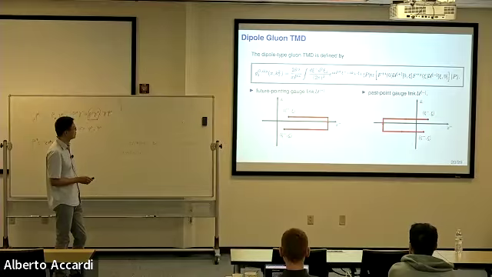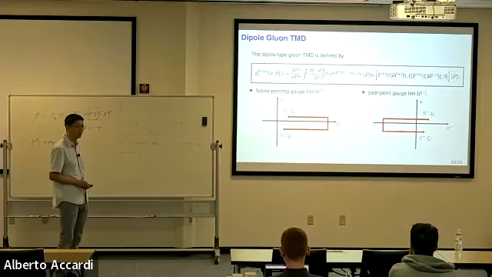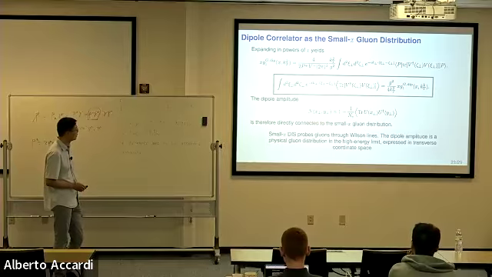So if you start from this expression, you notice that there's a dependence on x in the exponential. Because x is small, you expand in a power series of x. It's not just expanding this phase, because you have a derivative on q minus in this expression. You need to integrate by parts and then do the expansion.